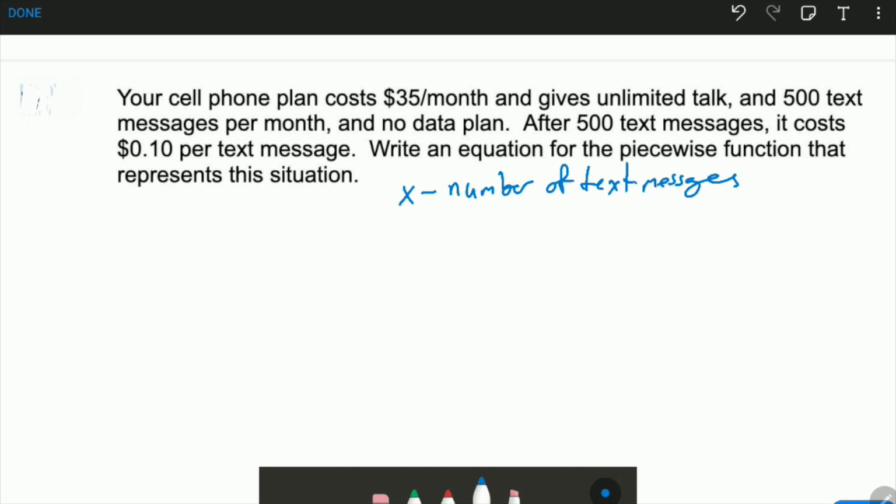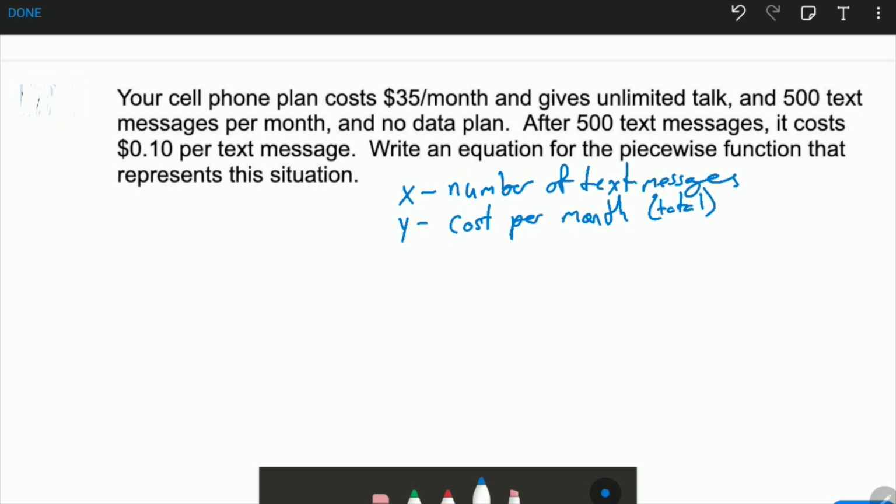The reason being is because without knowing the number of text messages, we can't calculate the total cost per month. So x has to be that first variable, and then y would just be the cost per month. Or the total, at least.